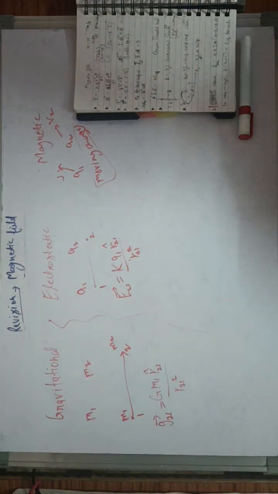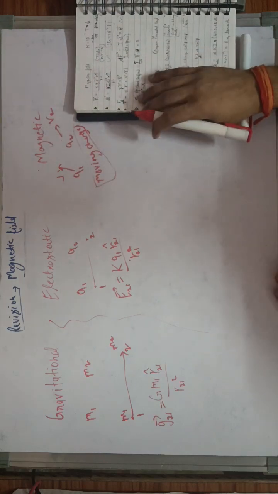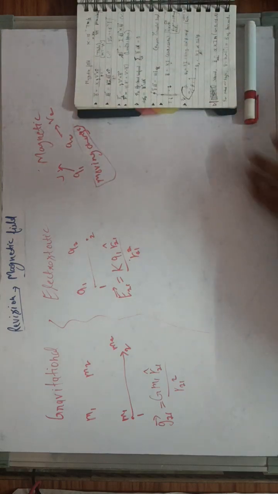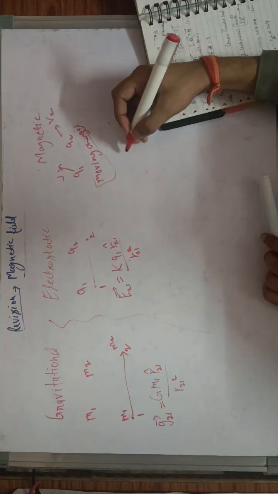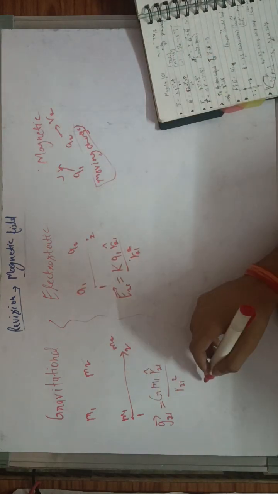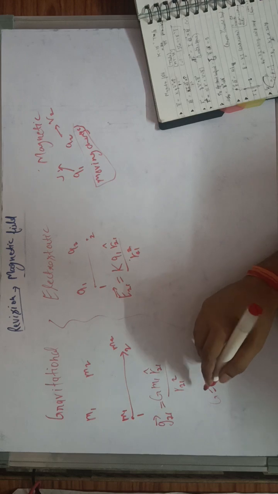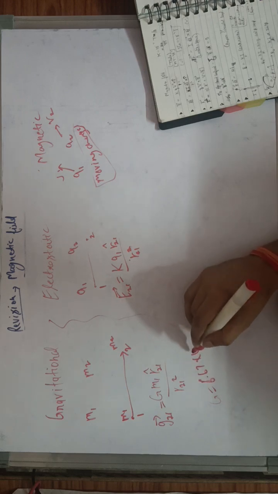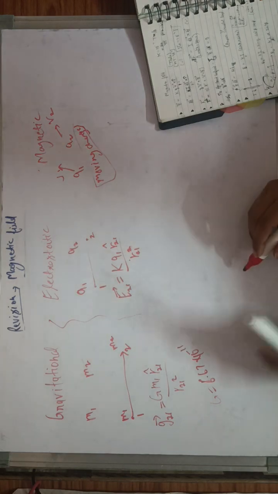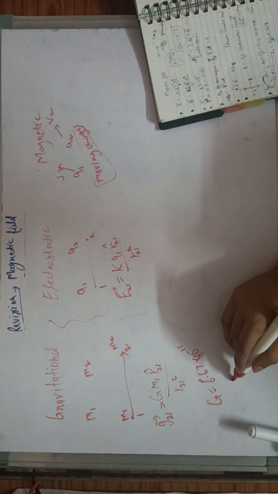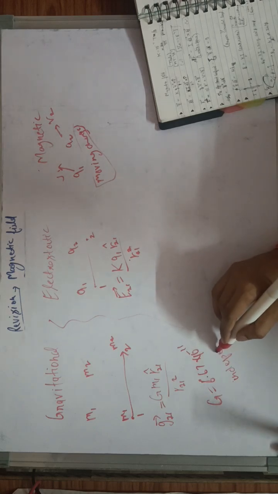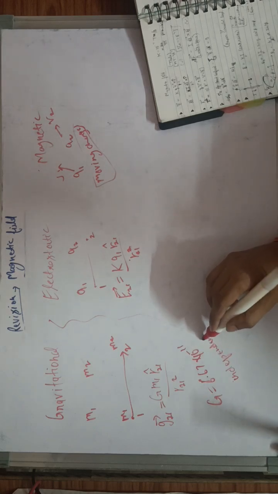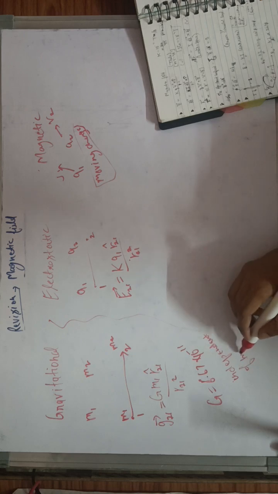And in case of magnetic field, first of all, this G constant is equal to 6.67 into 10 to the power minus 11, and this G value is independent of medium.